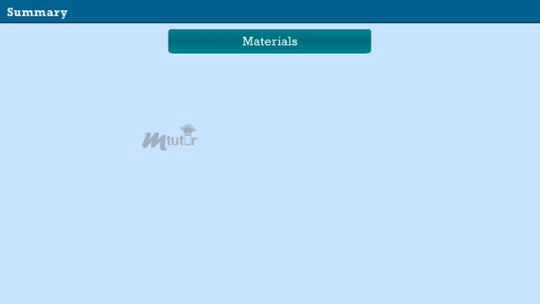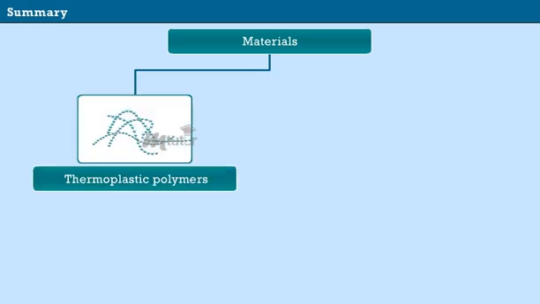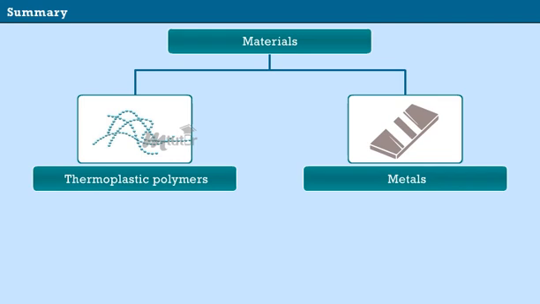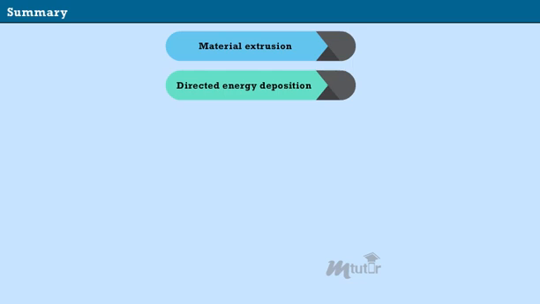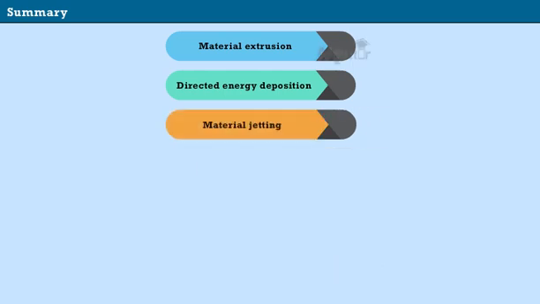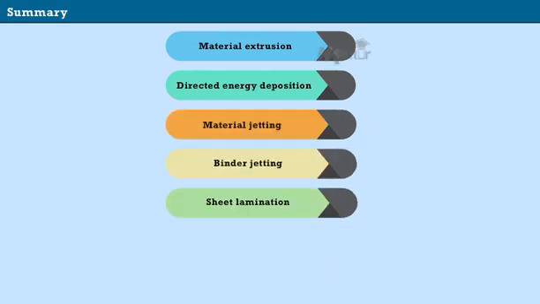Materials used in additive manufacturing are thermoplastic polymers, metals, ceramics, and biochemicals. Types of additive manufacturing processes are material extrusion, directed energy deposition, material jetting, binder jetting, sheet lamination, vat photopolymerization, and powder bed fusion.